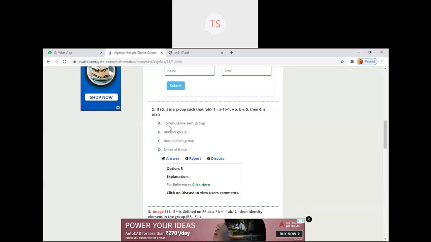So here it is given that the correct option is option B, that is it is an abelian group.